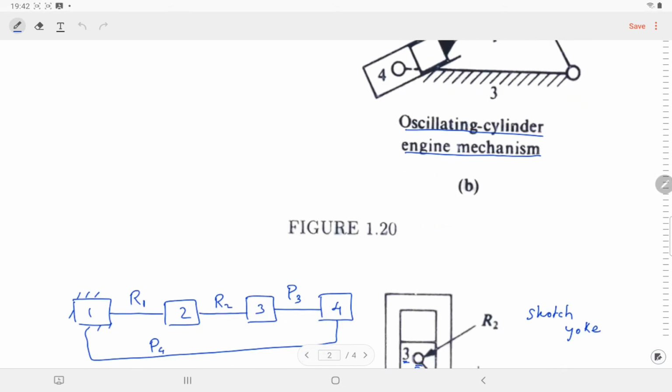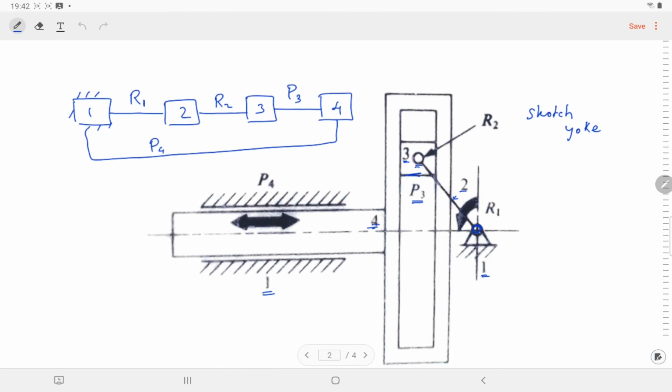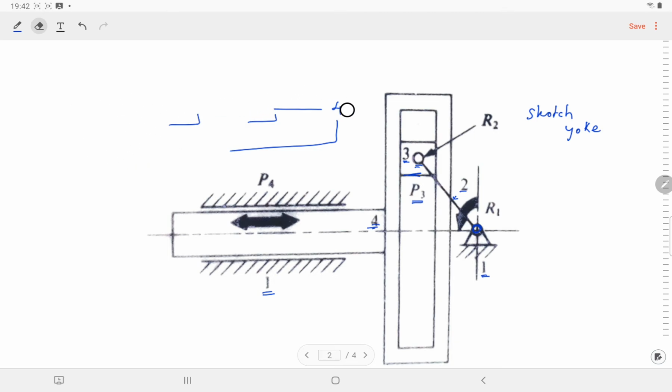So even this picture looks complicated, so what I could do is, I will reduce some details and put some kinematic diagram. So this is our fixed link.